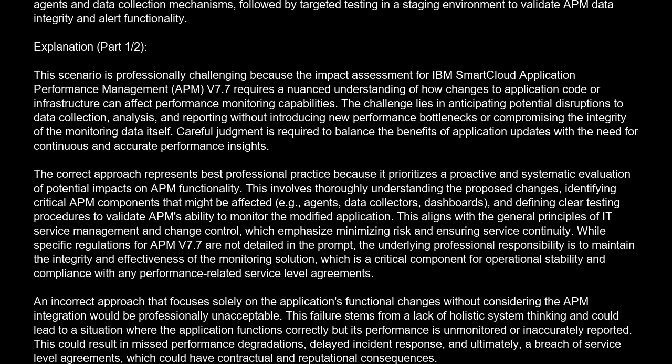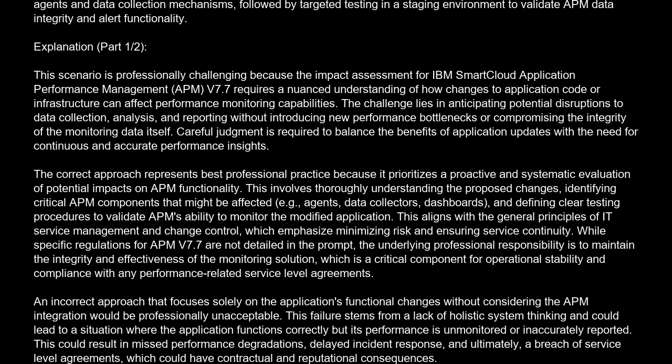The challenge lies in anticipating potential disruptions to data collection, analysis, and reporting without introducing new performance bottlenecks or compromising the integrity of the monitoring data itself. Careful judgment is required to balance the benefits of application updates with the need for continuous and accurate performance insights.